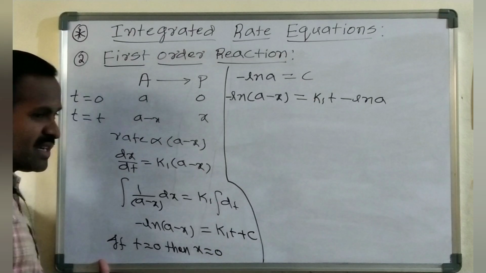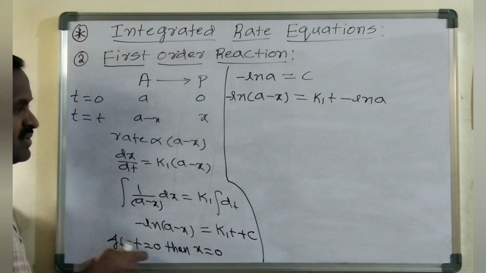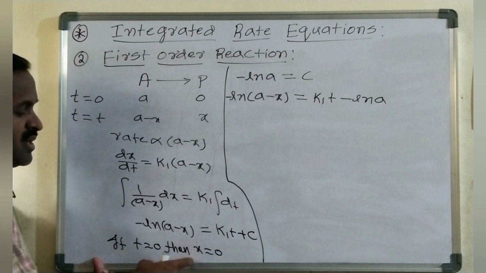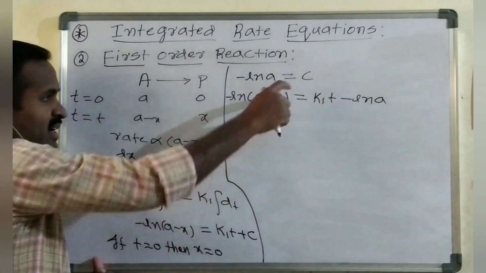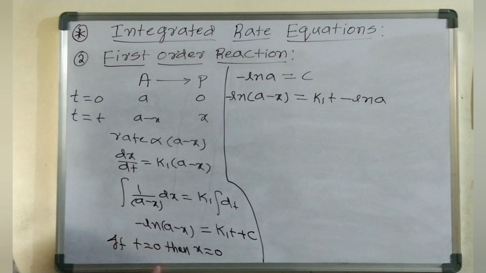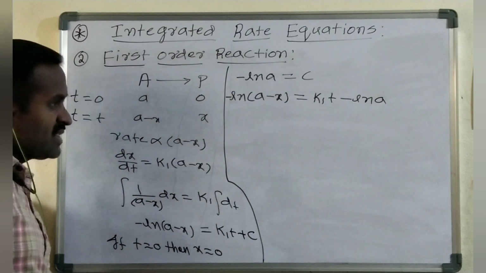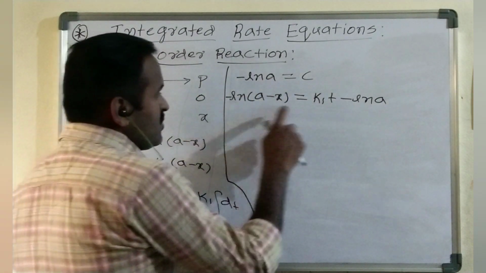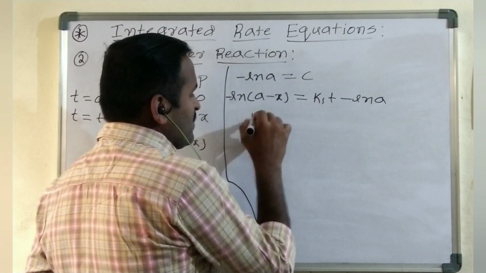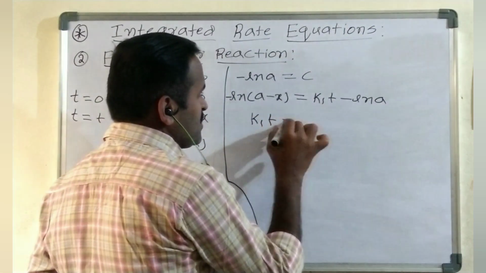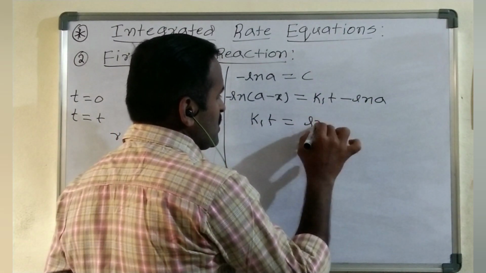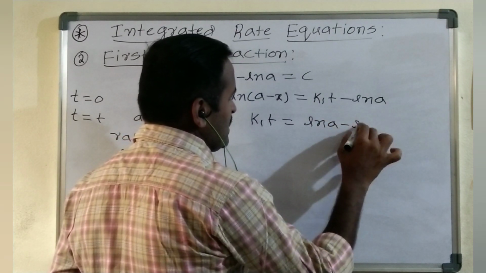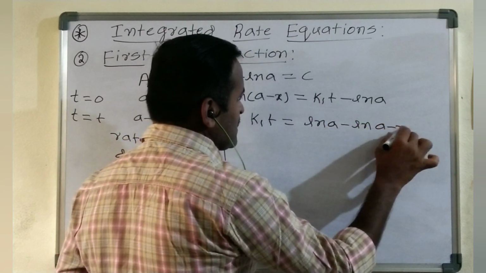To find this integration constant c, if t equals 0, then x equals 0. Substituting in the above equation, you will get the constant c equals minus ln a. This minus ln a you can substitute in the above equation. Then you will get k1 into t equals ln a minus ln a minus x.